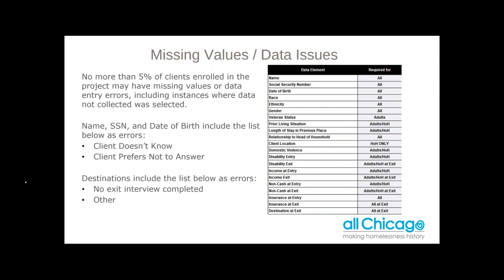So we have another question. For audit purposes, our program puts "other" for undocumented destinations, even when one has an idea where the client is. Are you saying that if we have an idea of where the client went, we should record that as the destination even without documentation? So I'm not 100% sure what documentation you will have for an exit.